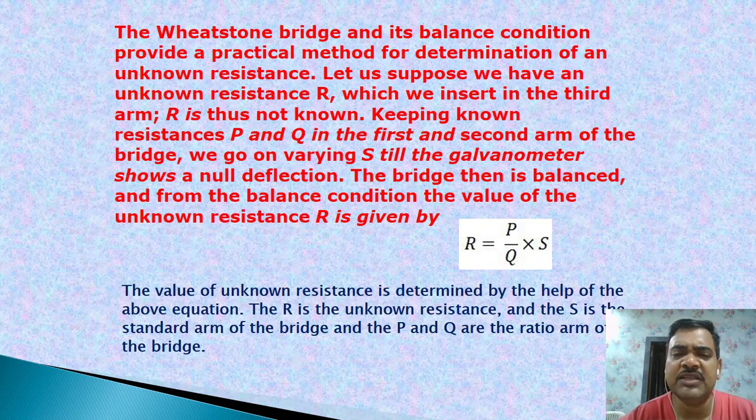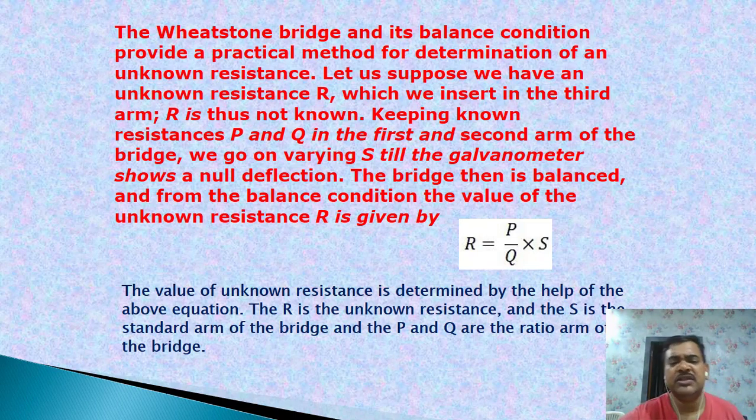The bridge is then balanced, and from the balance condition the value of the unknown resistor R is given by R equal to P by Q into S.